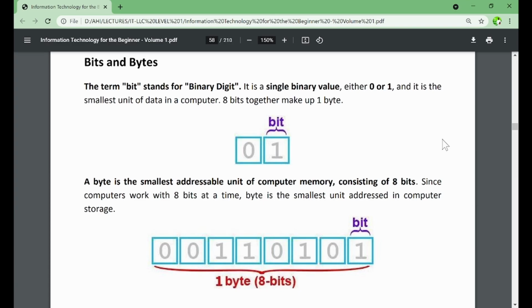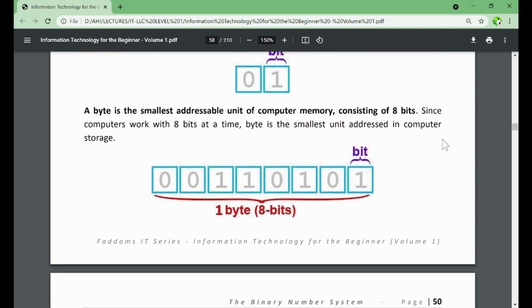And we learned that 2,000 bytes is equivalent to 2 kilobytes, because 1,000 bytes is the same as what? 1 kilobyte. As a matter of fact, if you want to be very, very technical, it is 1,024, but we just round it to 1,000. So 1,024 bytes will give you 1 KB.